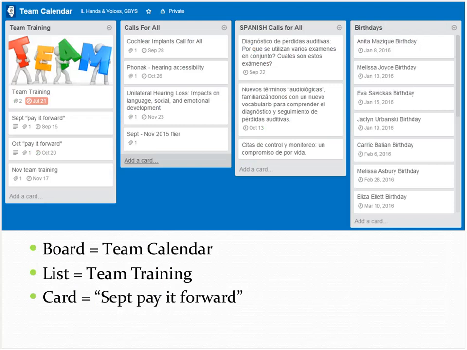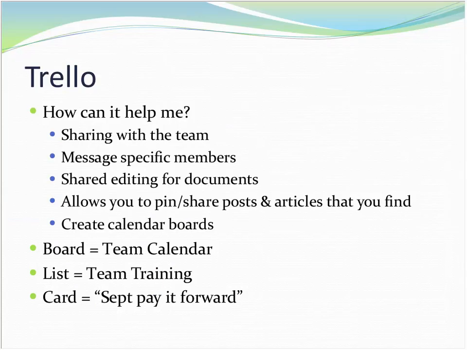So if you didn't get the WebEx reminder, or the reminder doesn't have the link and you can't find the original, you could go to Trello, go to team training, click on that, and get the link that way. That is one of the screenshots that breaks it down a little better.